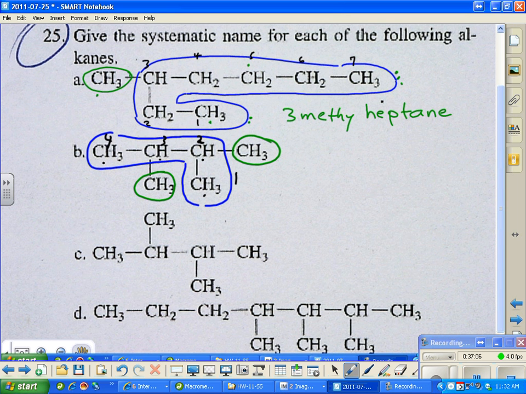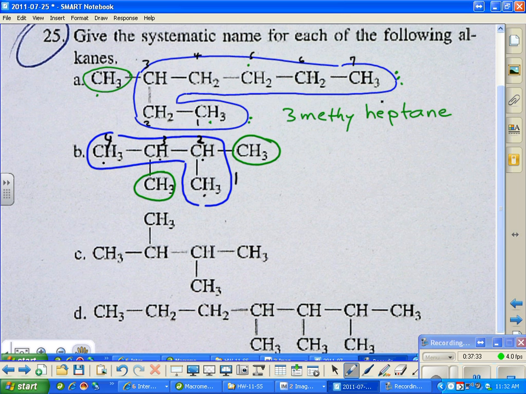Which 2 carbons are the methyls on? This is one of the methyls. This is the other methyl. Which 2 carbons are they hooked to? Down and down. Okay, those numbers are 3 and 2. So we're going to call that.